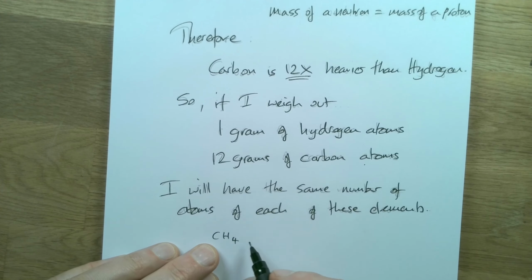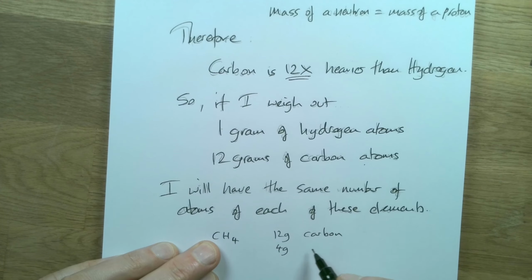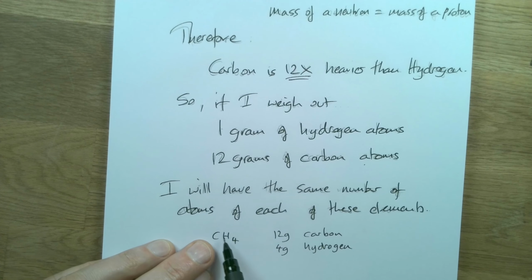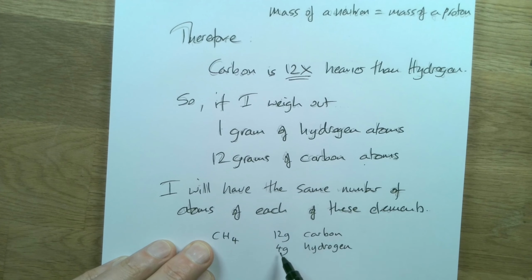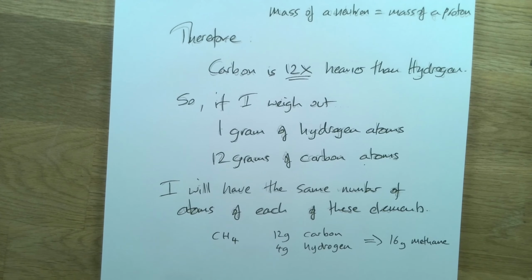If I take 12 grams of carbon, okay, and I take 4 grams of hydrogen, okay, because I need 4 times the number of carbon atoms, so I will get 4 times the number of hydrogen atoms here as I have here. I will end up with 16 grams of methane. All right, there's one to conjure with.